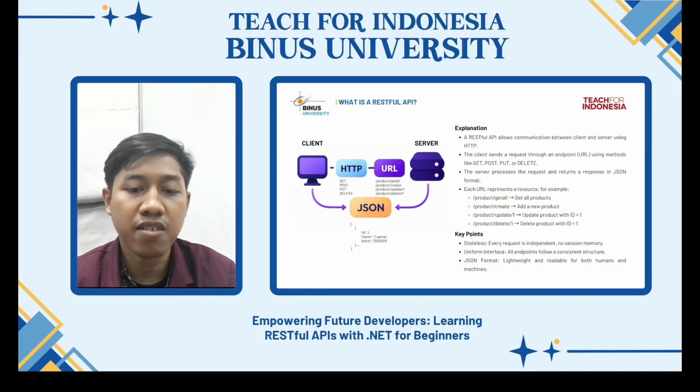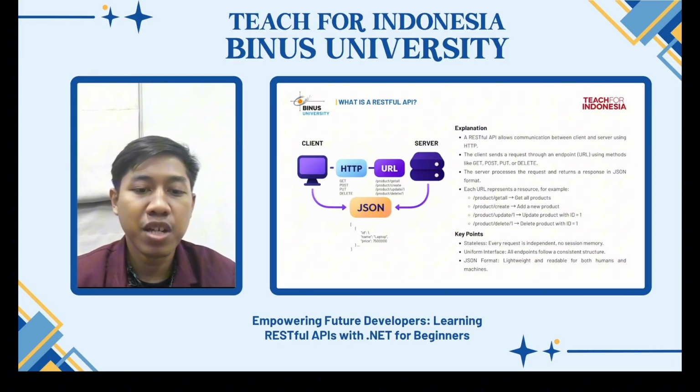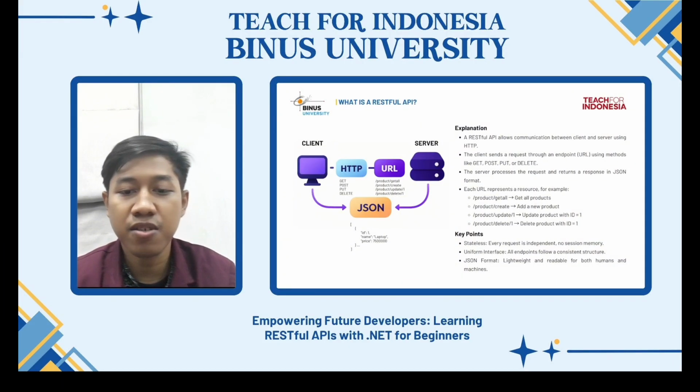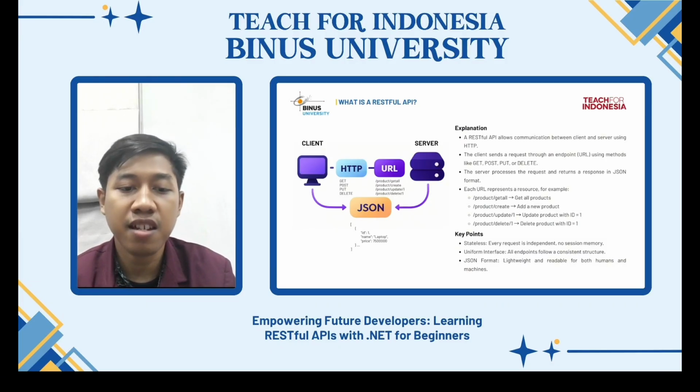What is a RESTful API? A RESTful API allows communication using HTTP methods: GET, POST, PUT, and DELETE. Each request is sent to an endpoint, and the server responds with JSON.